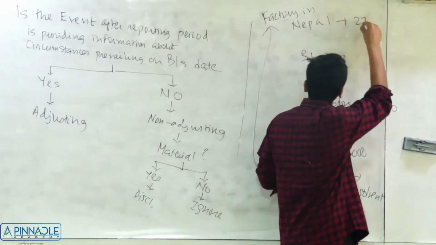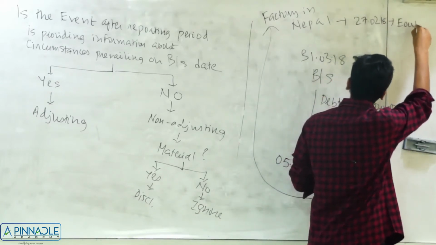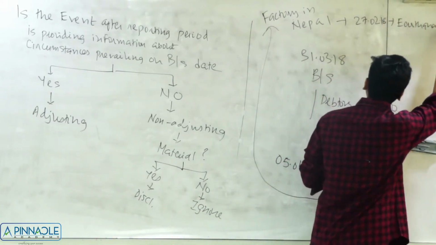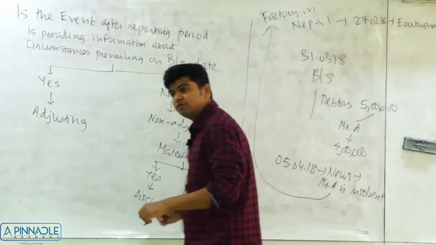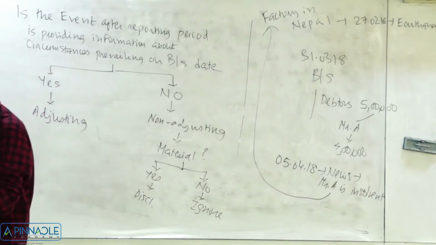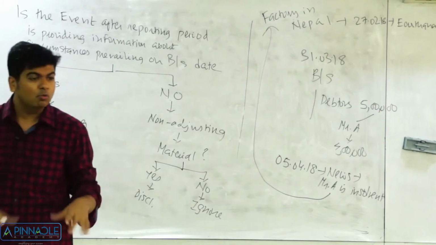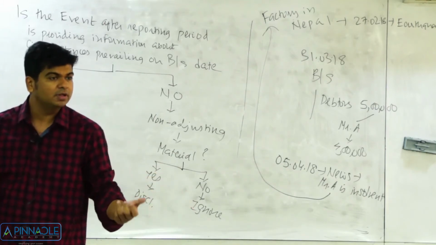let's say on 27th February, there was a major earthquake, let's say in Nepal. And because of this earthquake, the entire factory of Mr. A was destroyed. We are aware about this earthquake. We might have read this in newspaper. We might have seen this in news channels. But we will not take care to find out what must have really happened on account of that earthquake.